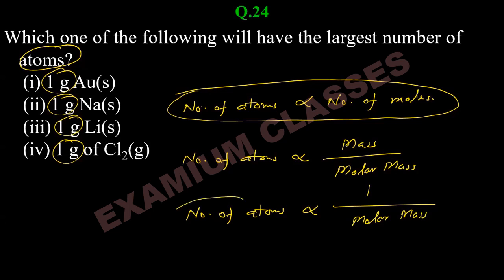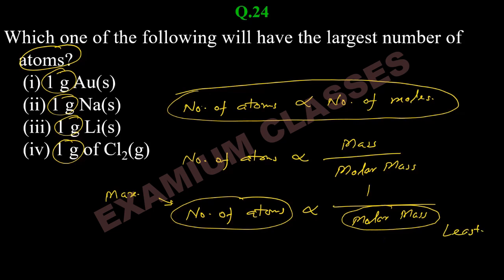If mass is constant, it means number of atoms will be proportional to 1 by molar mass. Now remember there is one catch here, because this one has molecules. This is not the number of atoms, but obviously we will multiply by 2 and get the number of atoms. So now you will apply that the one which has the least molar mass will have the maximum number of atoms. How will we find molar mass in this case? Molar mass will be equal to atomic mass.